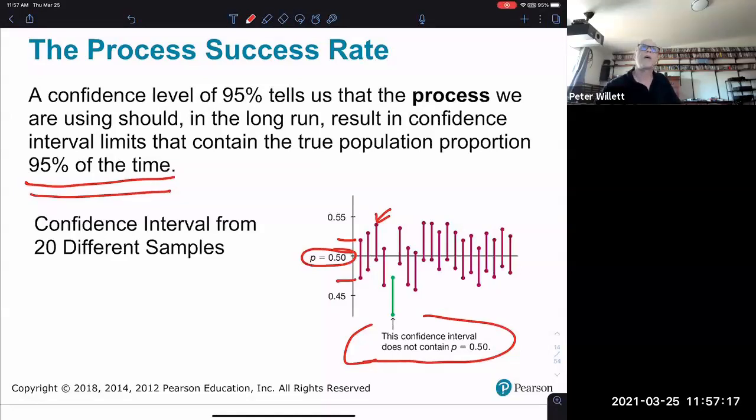And that's why we would say our confidence level is 95%. So hopefully that helps to understand this idea about what a confidence interval statement is. Again, a confidence interval will contain an interval of values, and it will contain a confidence level. And the confidence level tells us if I kept taking samples like this in the long run, what percentage of the time would the range I got from my samples contain the p-value for the population?